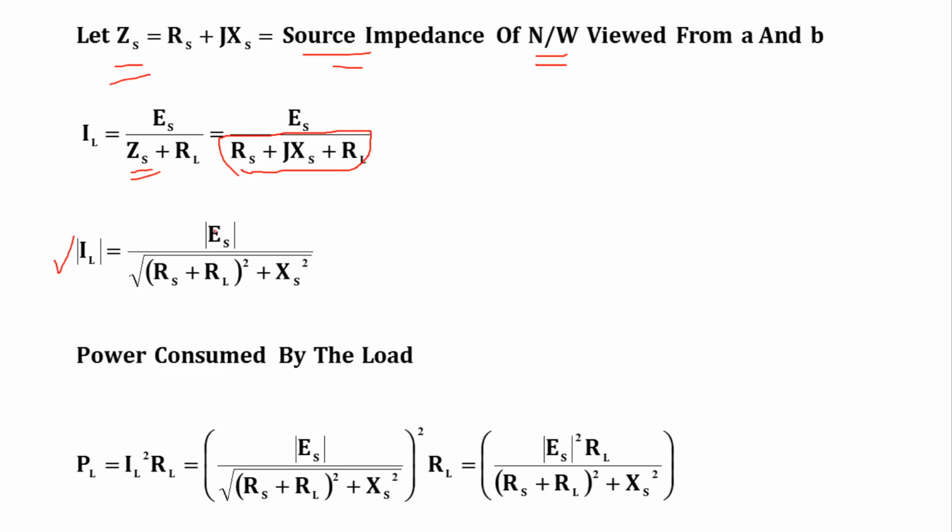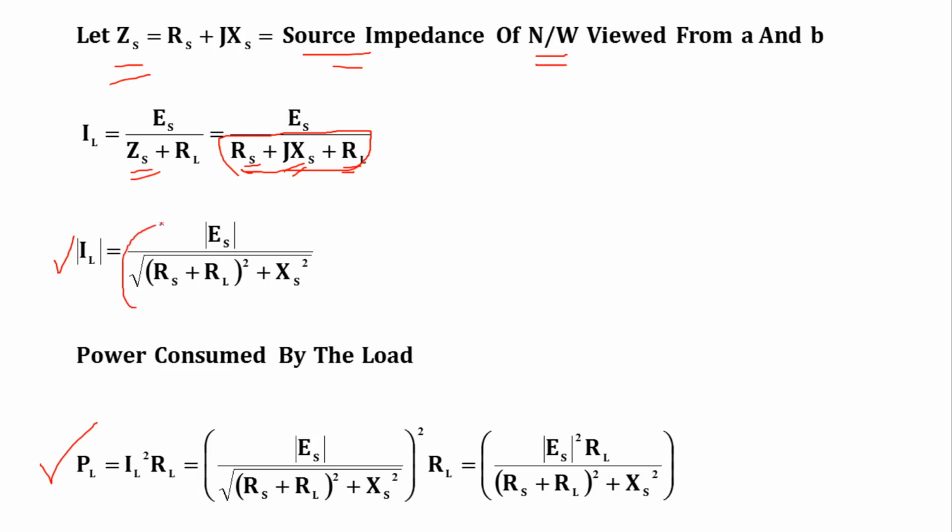So mode of IL is equal to mode of ES over here. RS plus RL is the real part and JXS is the imaginary part. So in the square root we have the real part square, that means (RS plus RL) whole square, plus the imaginary part square, that is XS square. Again, power consumed by the load is equal to I square R, or IL square into RL.